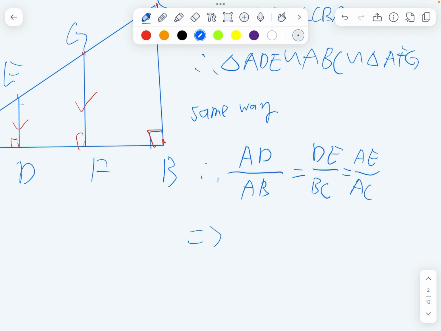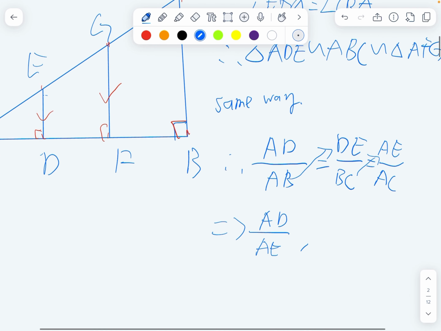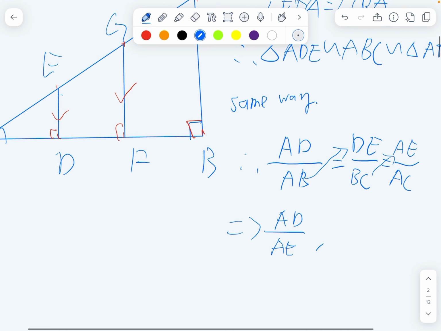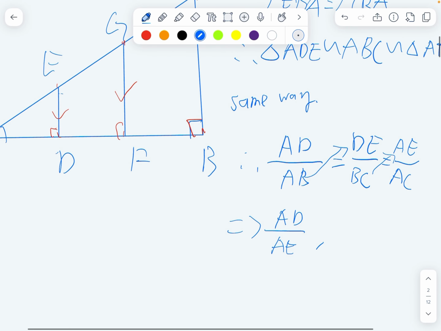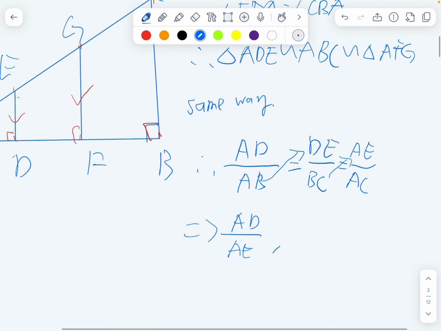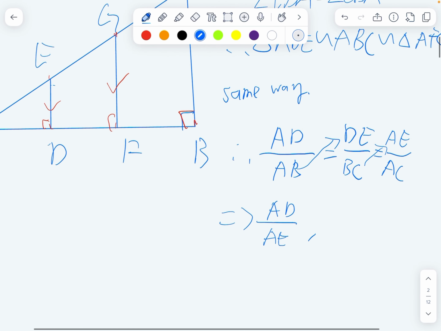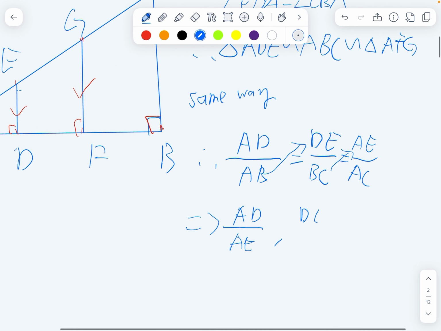If we switch the position, we can write AD over AE and DE over AE.